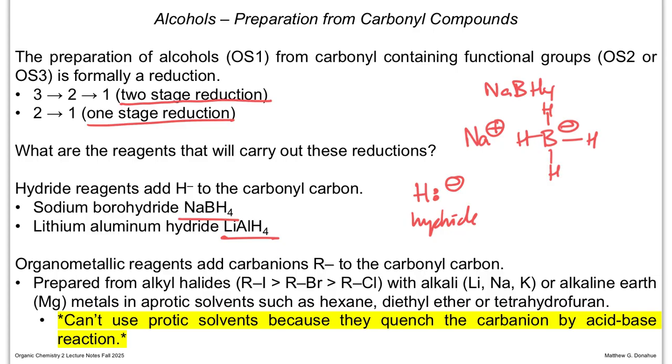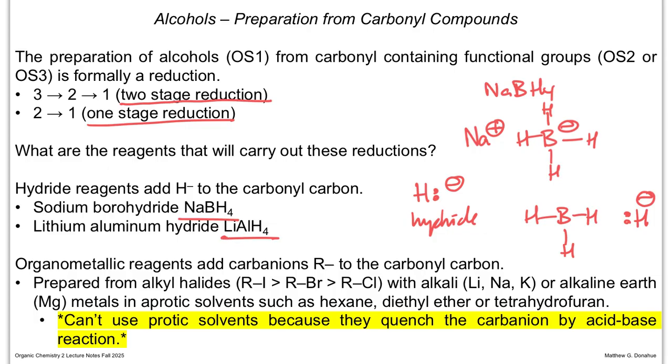So a way to think of that borohydride is we kind of split it apart. We now have the neutral boron and then the negative hydride. So when I look at that reagent, there's no oxygens in there. So that tells me that can't be an oxidizing agent. It has to be a reducing agent because of the excess of hydrogen.